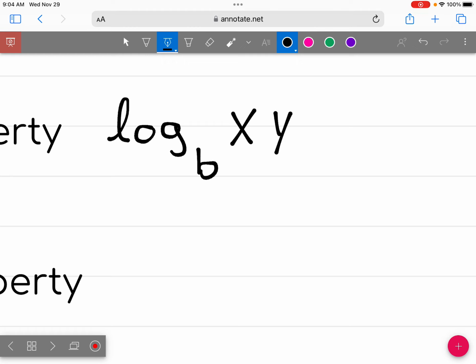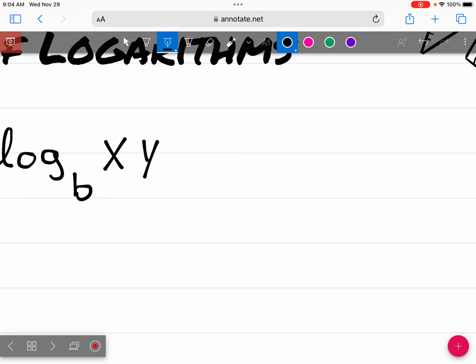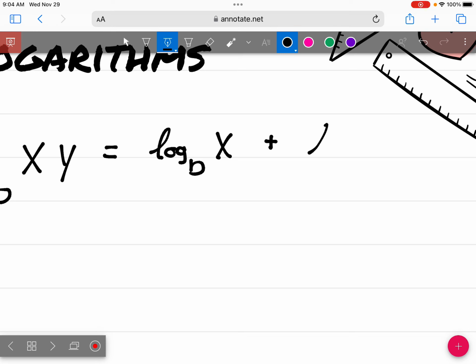If we have two things being multiplied in our argument, we can separate them with addition. They'll become log base b of x plus log base b of y. So we can separate two things being multiplied with addition.